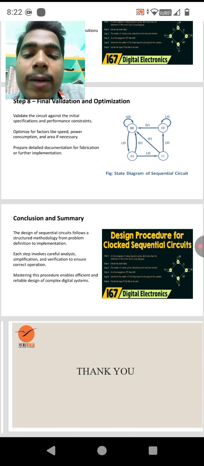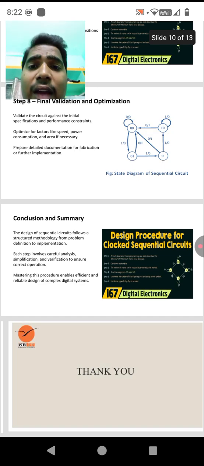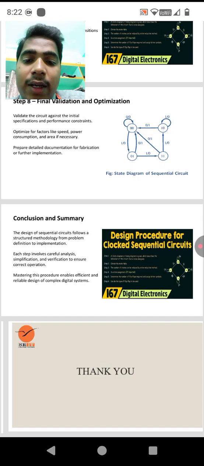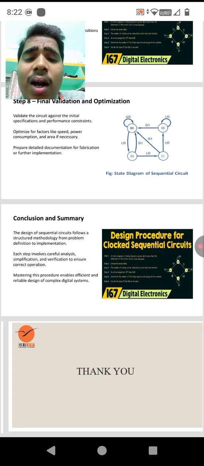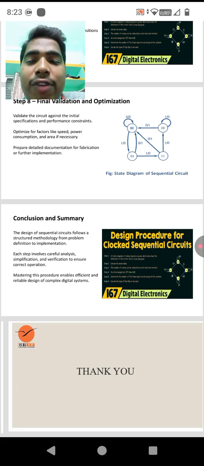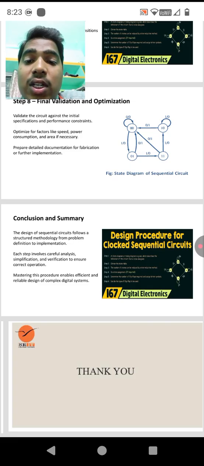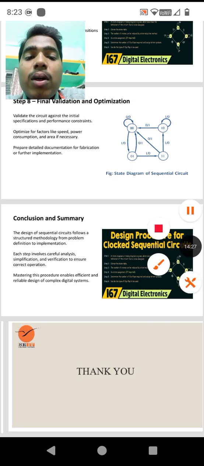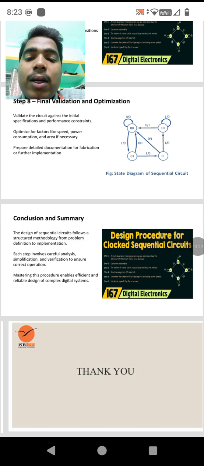Mastering this procedure enables efficient and reliable design of complex digital systems.